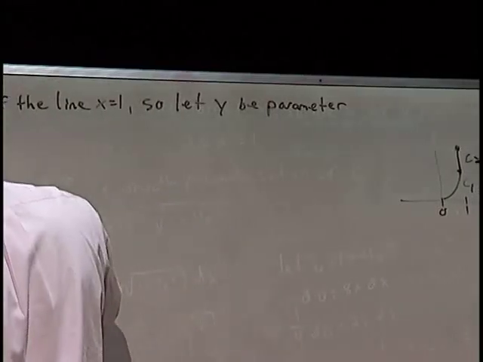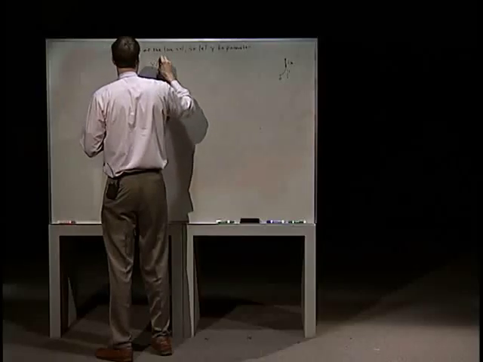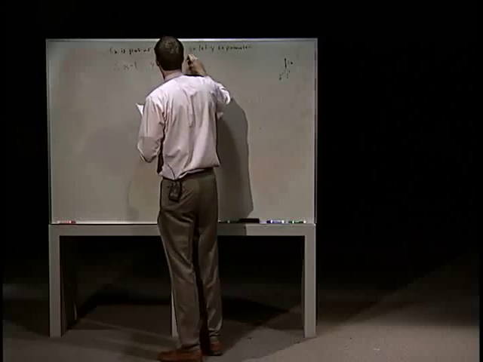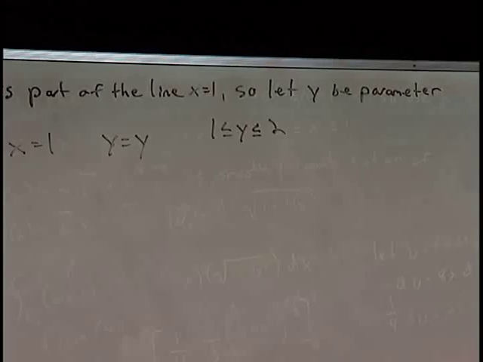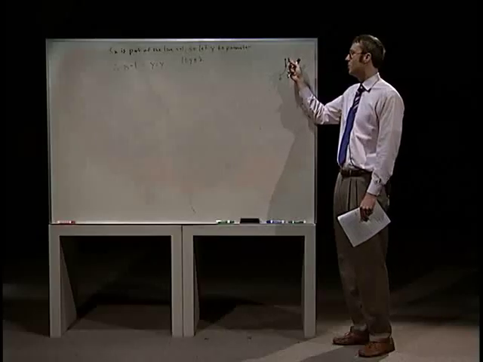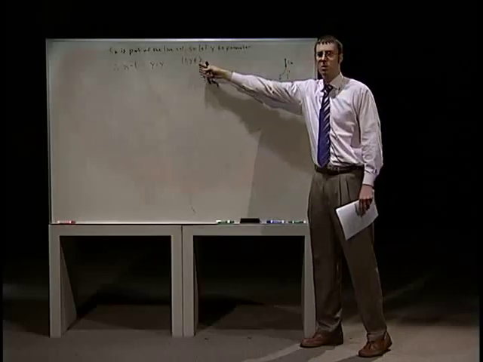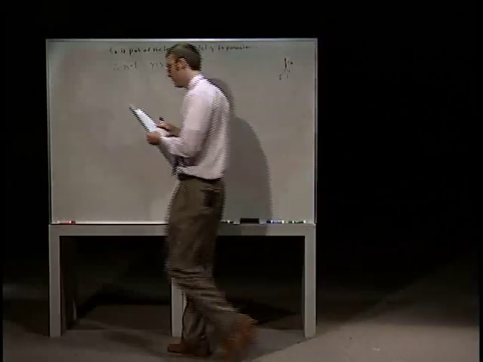So as an example, x is 1, our parameterization y equals y, and we're ranging between 1 and 2 on the y-axis, right? So this is 1, 1, this is 1, 2, so we're ranging between 1 and 2 on the y-axis, okay?